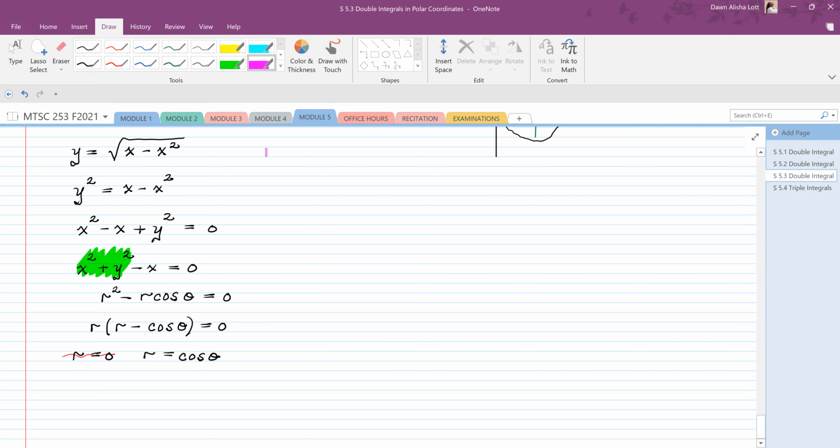So this and this are the same curve. This is Cartesian, and this is polar. So now I have an idea of what this thing looks like. It's actually a circle.